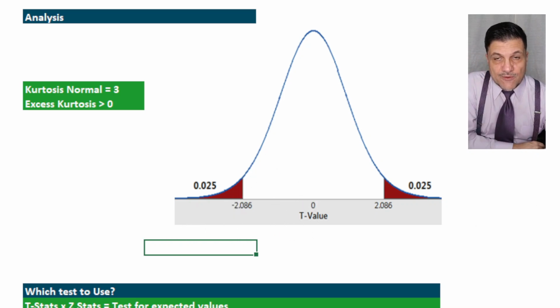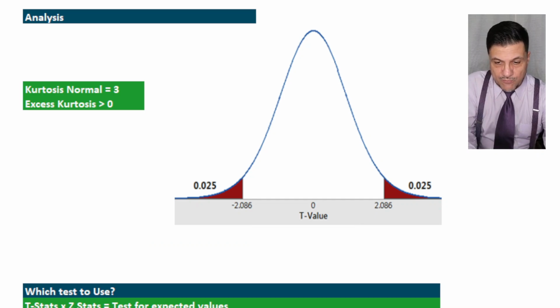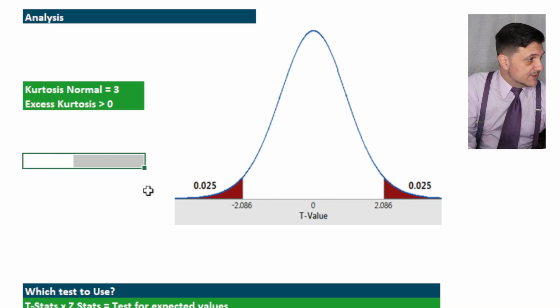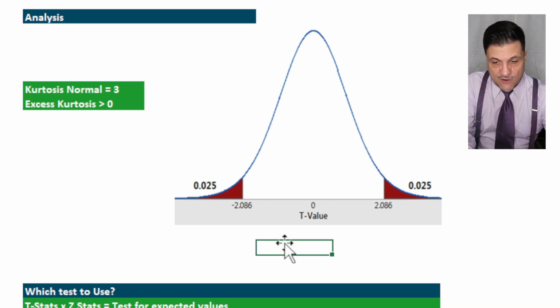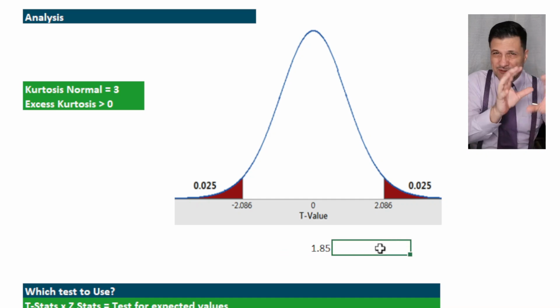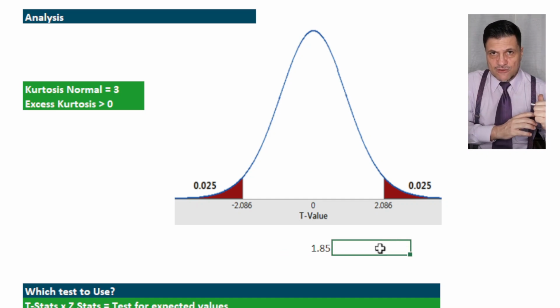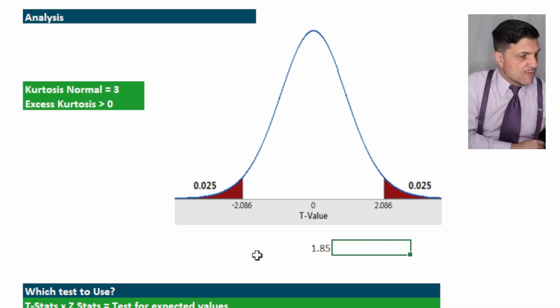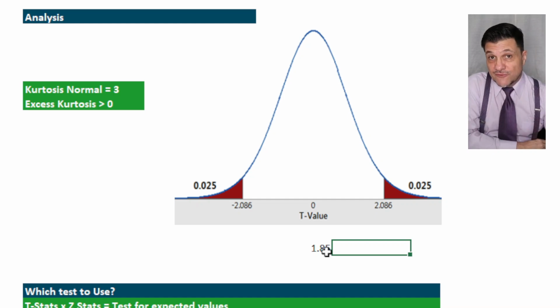For example, you got the number 1.85. That's your calculation. Oh, it's not showing up. Let's put it here. Let's say you calculate 1.85. You collect your data, apply the formula I'm going to show next, and boom, you got 1.85. Are you going to reject or fail to reject?